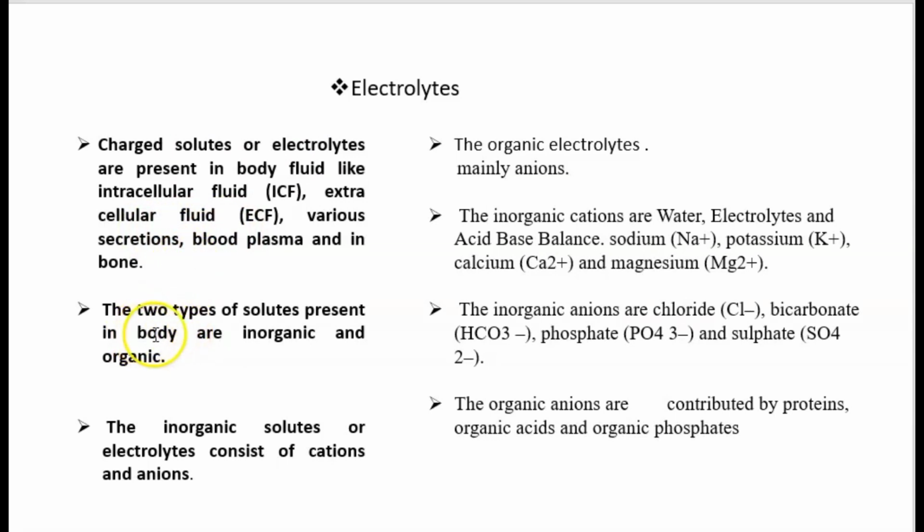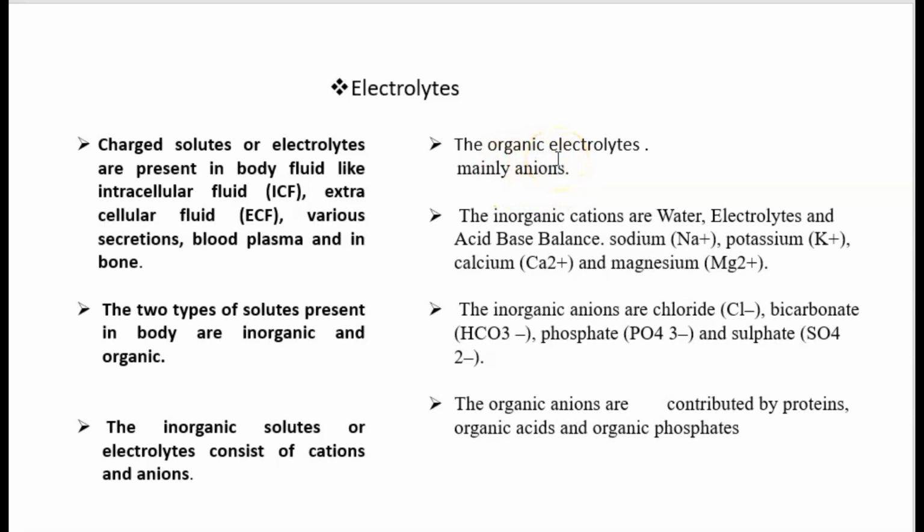Listen attentively. There are two types of this solute. What we mean by solute, we mean electrolyte, and they are inorganic solute and organic solute. Inorganic solute or electrolyte are made up of cations and anions, and the organic solute are mainly anions.